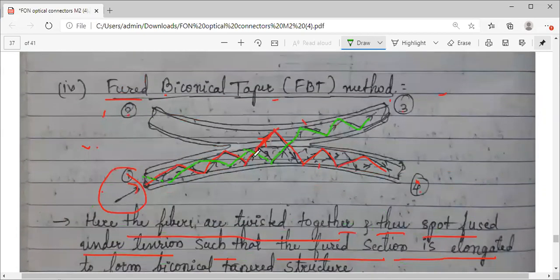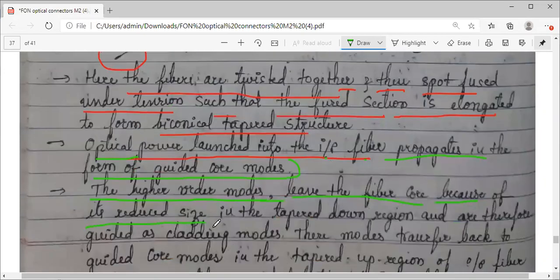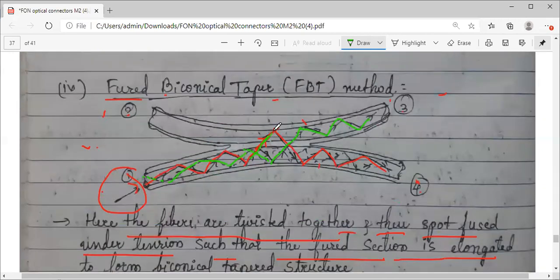Because of the reduced size, they enter the cladding region and move to the other fiber in the tapered down region, and therefore they are guided as cladding modes. So in the cladding, they start propagating. These modes transfer back. You can see the red color. After this, they'll again come back.